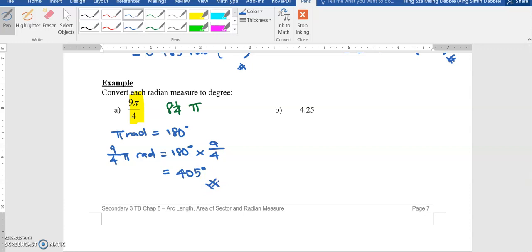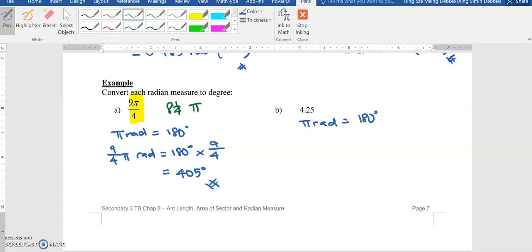Similarly, pi radians is equal to 180 degrees. Now I have 4.25 radians. Now think of the number pi. The number pi is 3.1 and so on, that whole irrational number. So this is 4.25 radians. Do you think it will be more than 180 degrees? I'm sure you agree with me that it is.